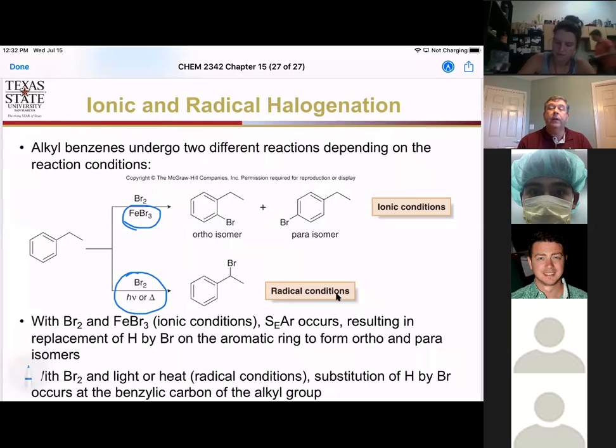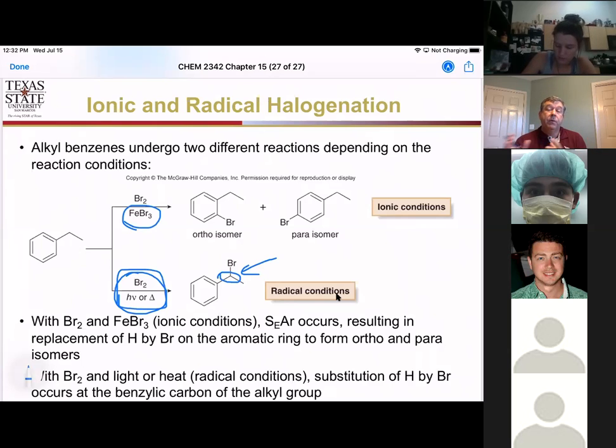However, we are going to do substitution on that benzylic site, that site 1 carbon away from the benzene, okay? So this is called benzylic halogenation, and this benzylic halogenation happens when we have light or peroxides or heat, okay?